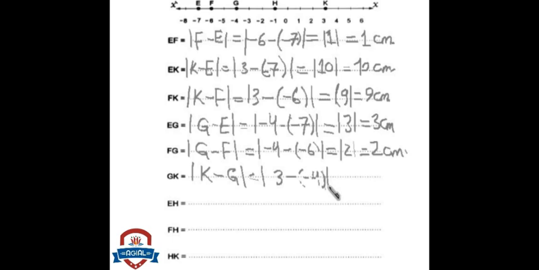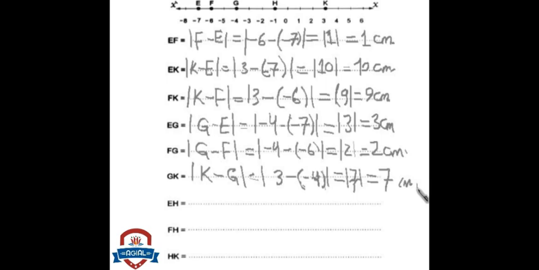The absolute value of 3 minus -4 equals the absolute value of 3 plus 4. 3 plus 4 equals 7. And the absolute value of 7 equals 7.